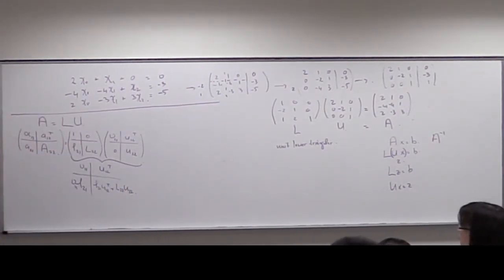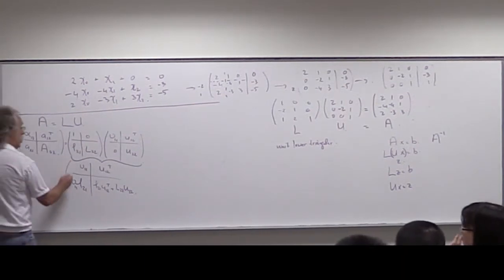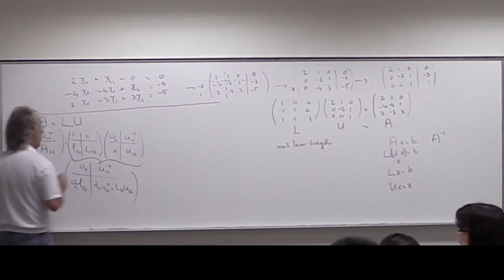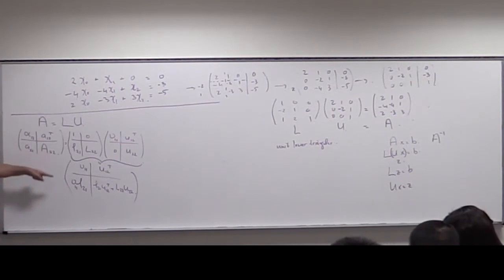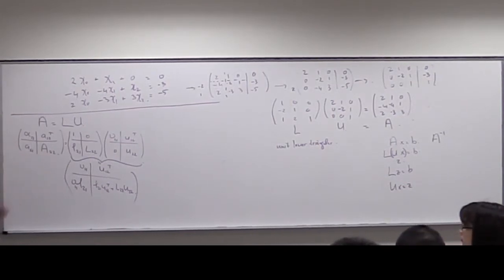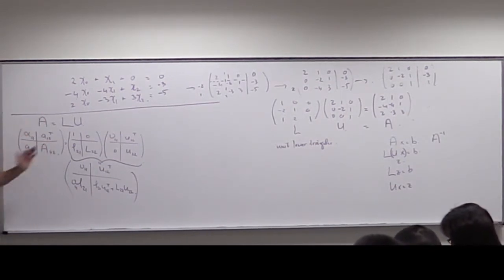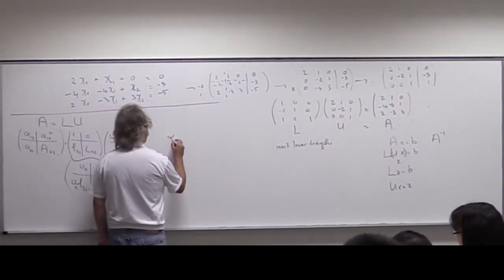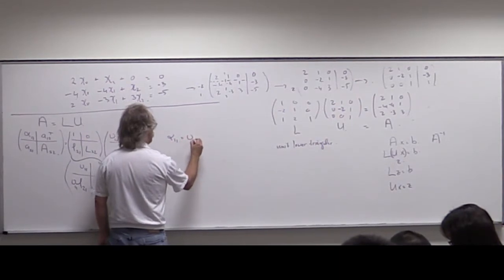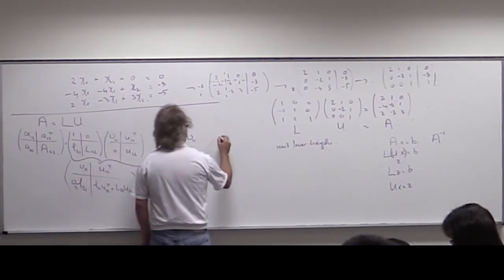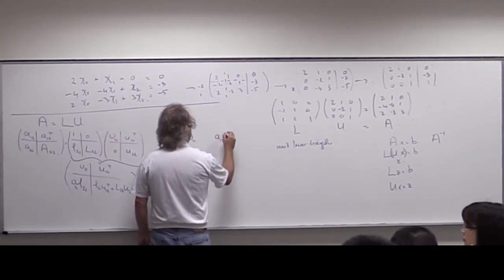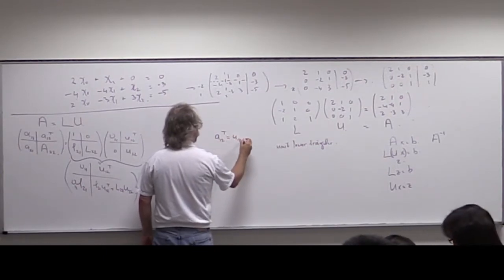Fair enough? Now, we know that two matrices are equal to each other if the elements in the matrices are equal to each other. Which means that if we partition the matrices, then we should set the same regions equal to each other. So from this we conclude that alpha 1,1 must be equal to epsilon 1,1. A12 transpose must be equal to U12 transpose.